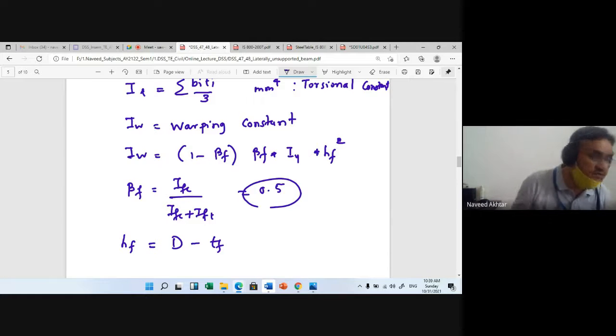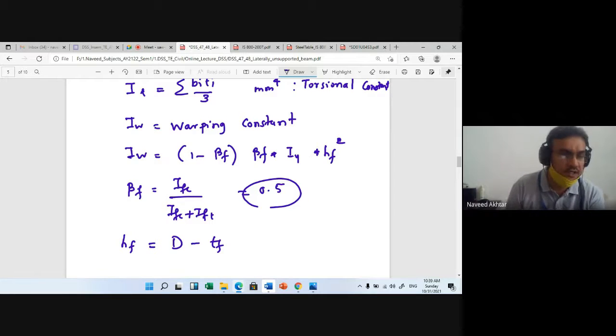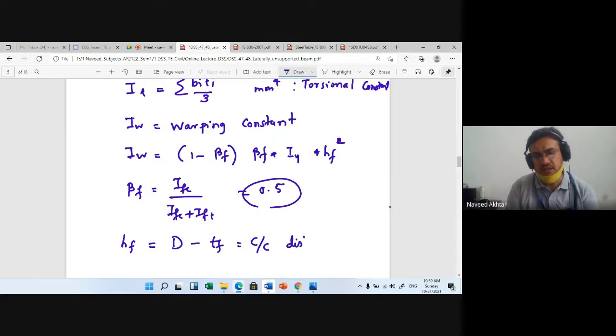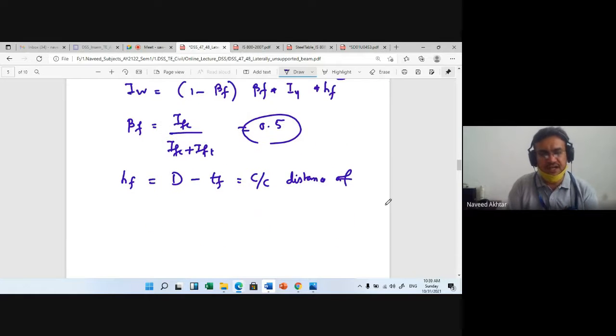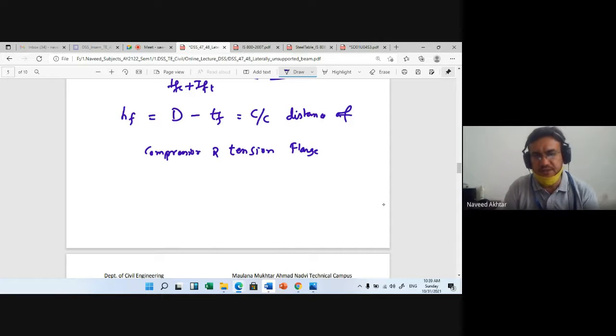Okay, D minus TF is the HF value, and that is nothing but the center to center distance of the compression and tension flange. So this is your IS section.